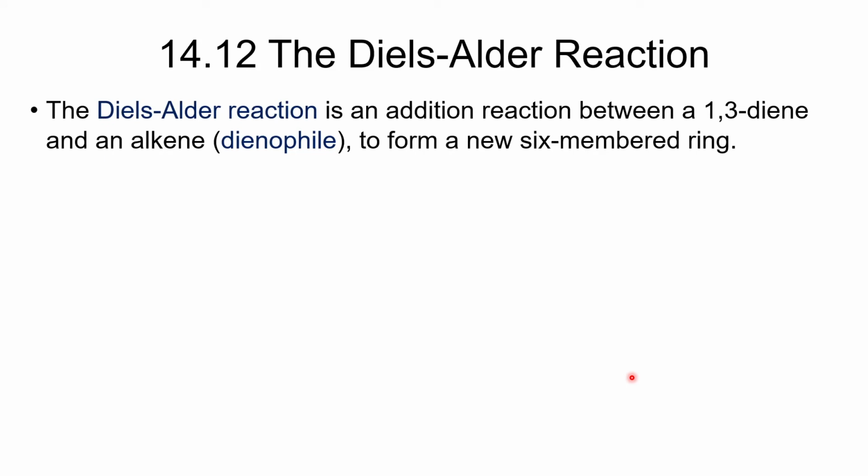So the Diels-Alder is an addition reaction between a 1,3-diene and an alkene. Because the alkene reacts with a diene, we call it a dienophile. So here is our 1,3-diene, and here is our dienophile.